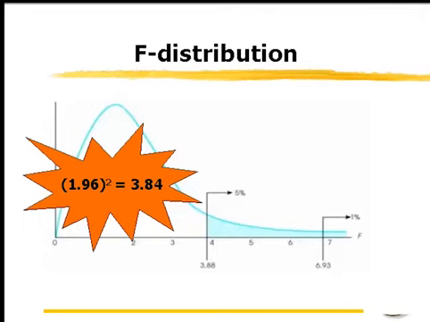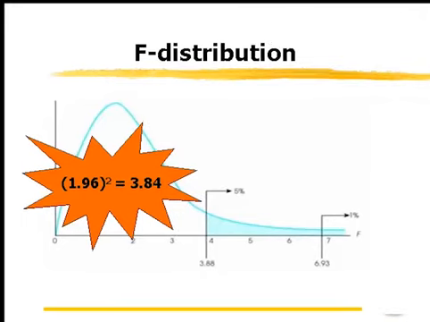So just as with the T distribution, in the F distribution, if the obtained value is less than 3.84, that means that the alpha error is greater than 5%. On the other hand, if the calculated or obtained F value is greater than 3.84, then the probability is less than 5%, or P is less than 0.05.